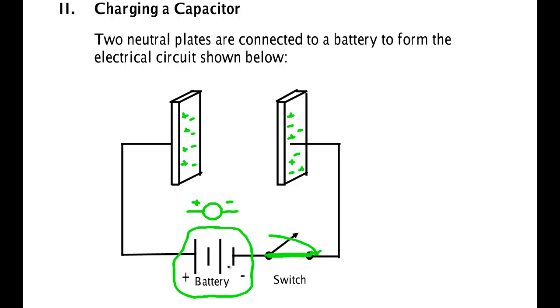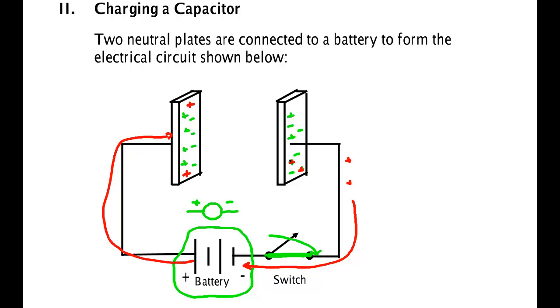This battery, this charge pump, will begin to pull some of these positive charges out into this wire and make them flow into the minus sign, out the positive sign, and up onto this plate. Now what that will do is add some extra positive charges.